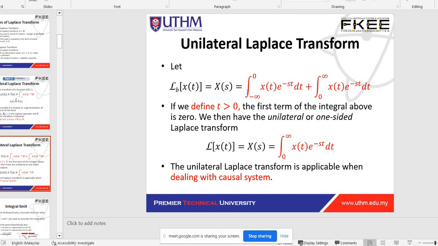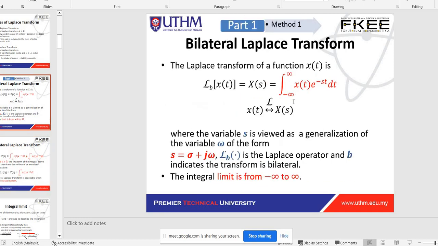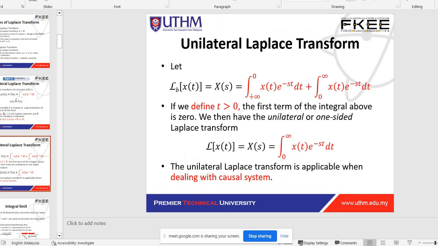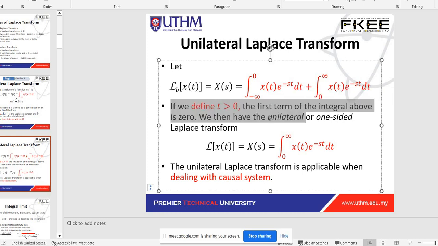The bilateral Laplace transform is from negative infinity to 0, 0 to infinity. So this is actually a combination, continuous from the bilateral. This means that the limits from minus infinity to infinity can be split into negative infinity to 0 plus 0 to infinity. And then this lower part only refers to the unilateral.